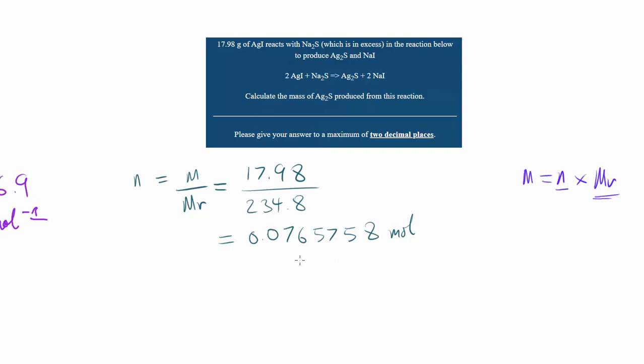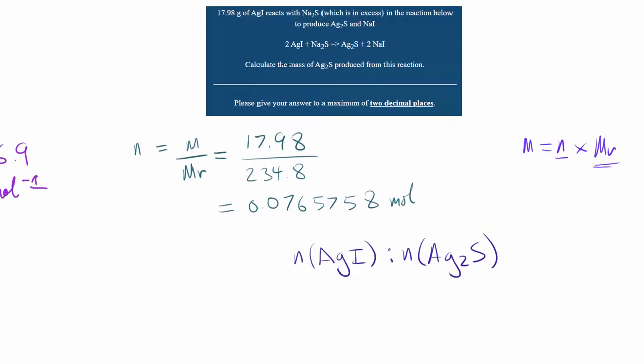Well, let's create a ratio. So the number of moles of AgI compared to the number of moles of Ag2S, right? The equation tells us that we've got 2 AgI, and then next to the Ag2S, the coefficient is effectively 1, right?